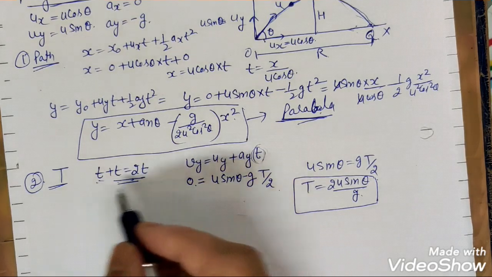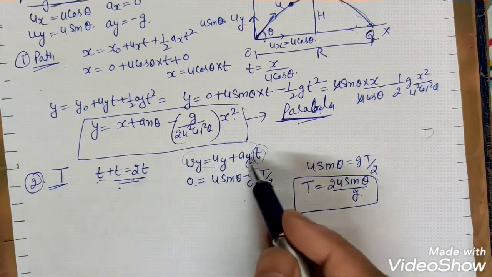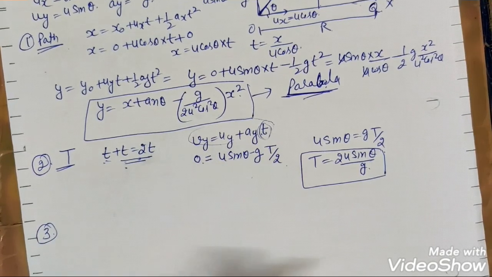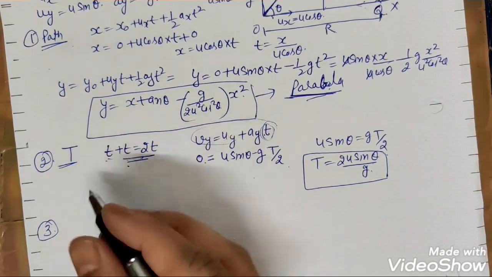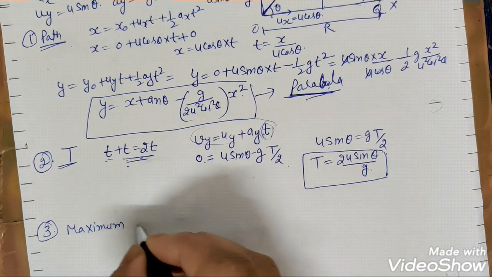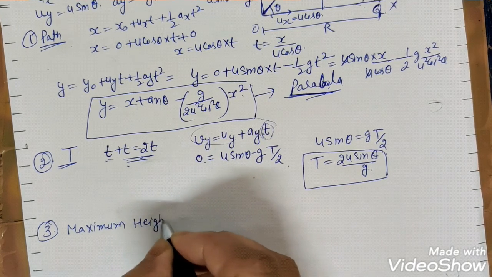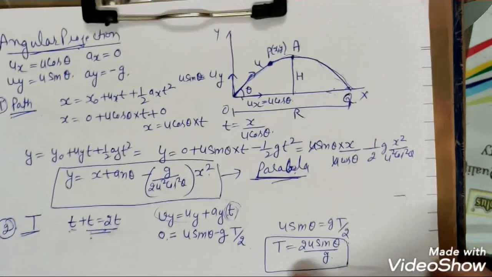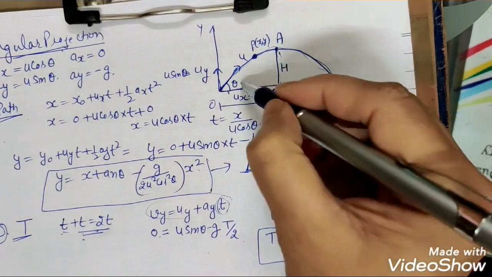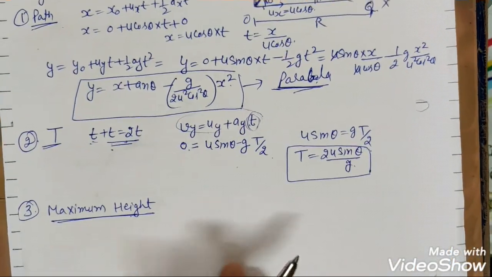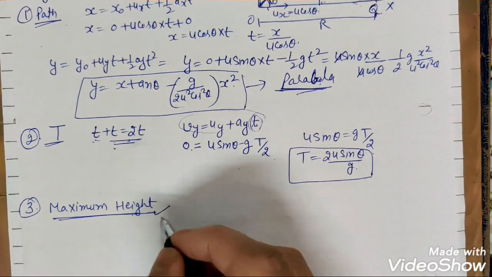So you have to remember what equation we use here. Now the third one is maximum height, because in the last case the height is the same as where the projectile is fired, but here the height can change when the angle of projection is changed. So the maximum height has to be calculated here.